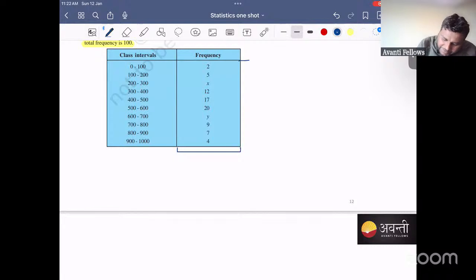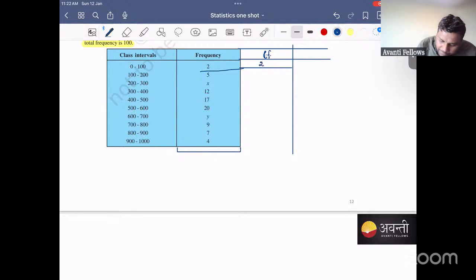Now I will make another column, first of all, for cumulative frequency. Cumulative frequency up to this point is 2. Then 2 plus 5 is 7, plus 12, 19 plus x. Then add 17, that is 36 plus x.